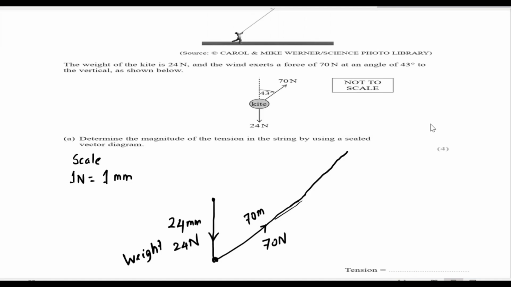So tension force of the string will be, according to the vector triangle rule, if two adjacent arms represent two vectors in the same order, then the third arm will represent the resultant force in the opposite way.